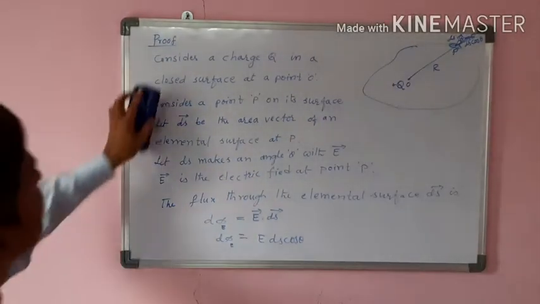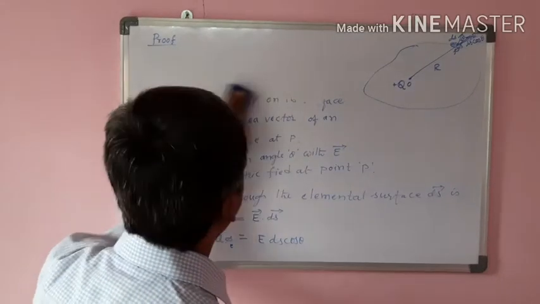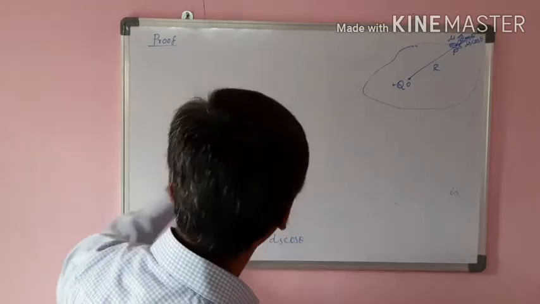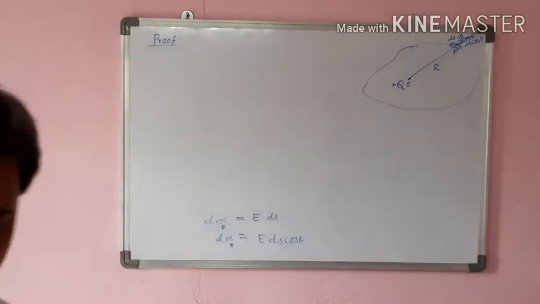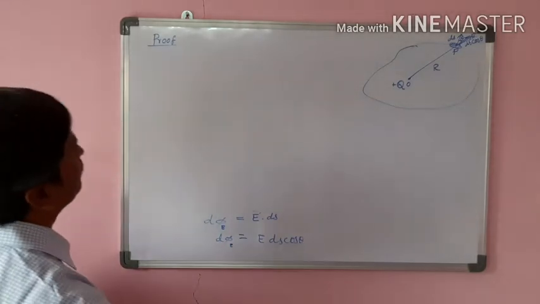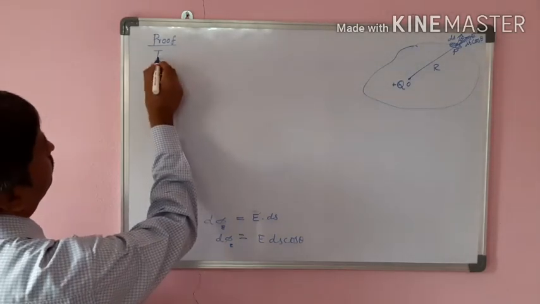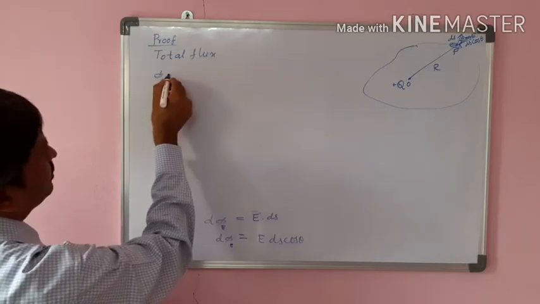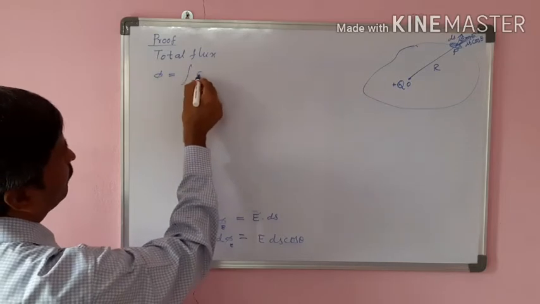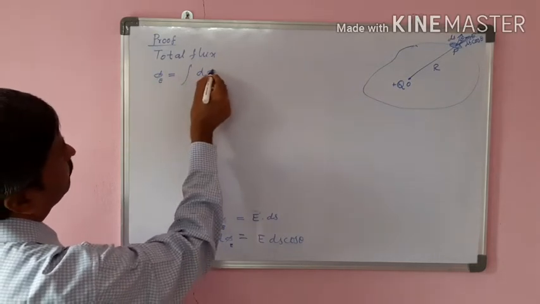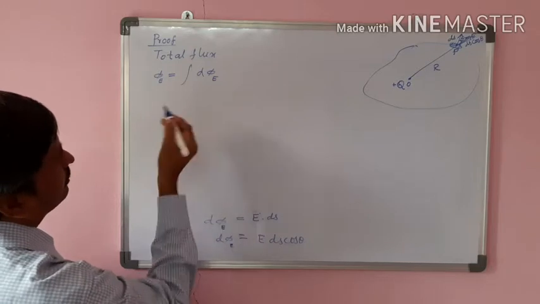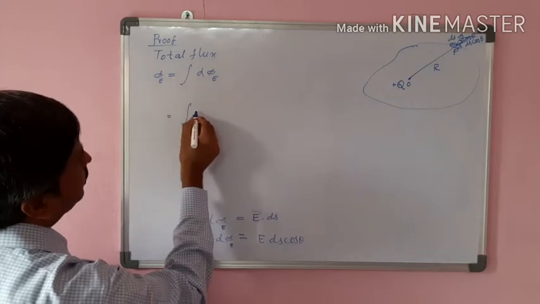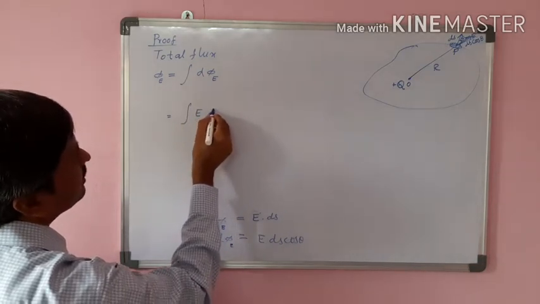For that, total flux is equal to, we take integration over the closed surface. Total flux phi e is equal to the integral of d phi e, that is equal to the integral of E dot ds, E ds cos theta.